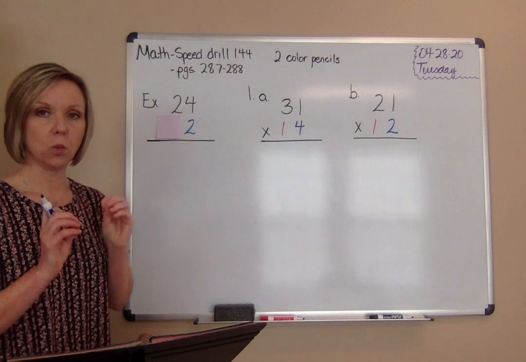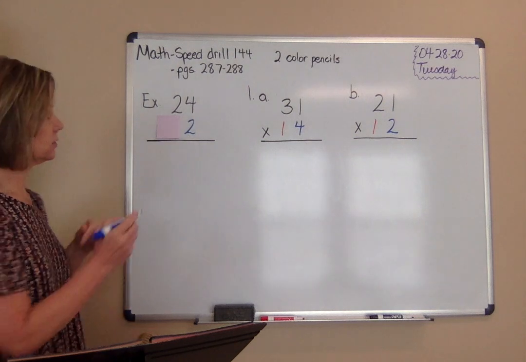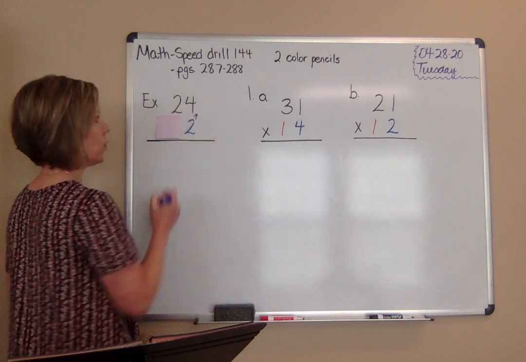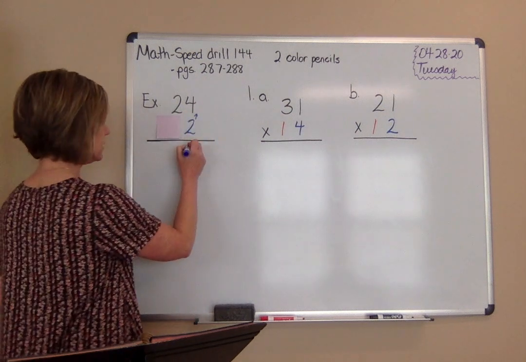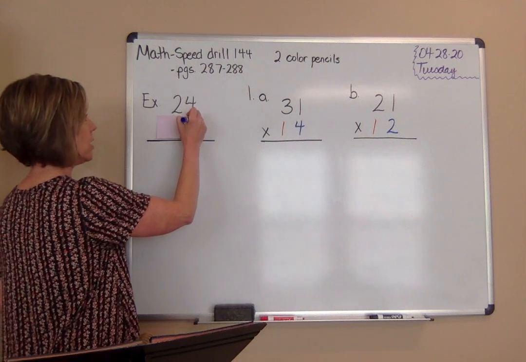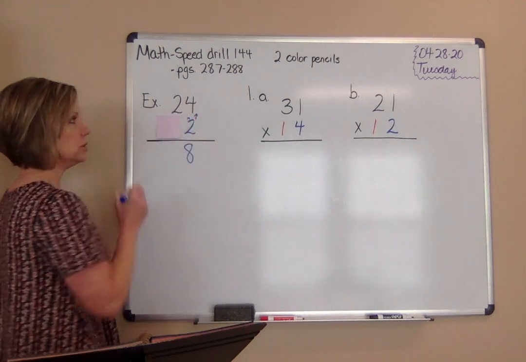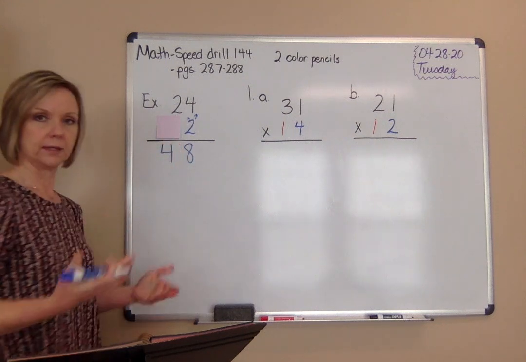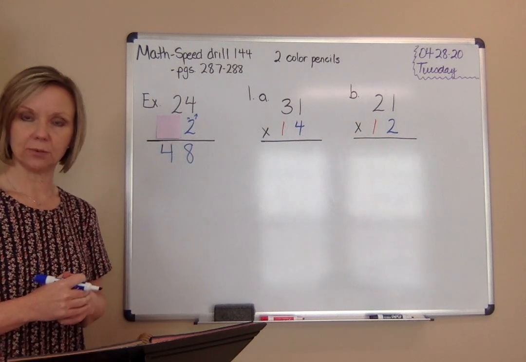That 2 is in the ones place. So you're going to come up, just like we've done. 2 times 4 equals what? 8. Still need those multiplication tables. And then we go across. 2 times 2 equals what? 4. That's step 1. Pretty easy, right?